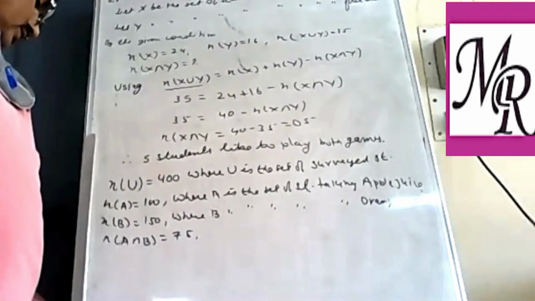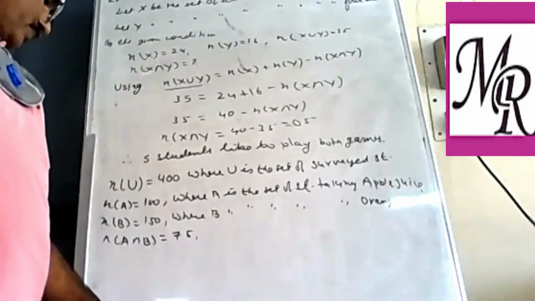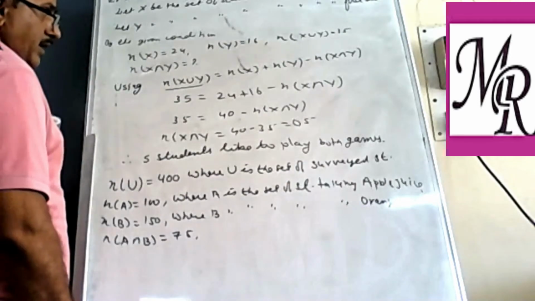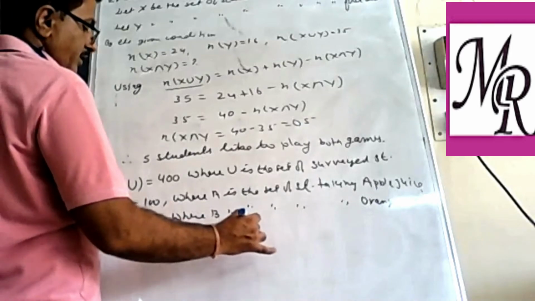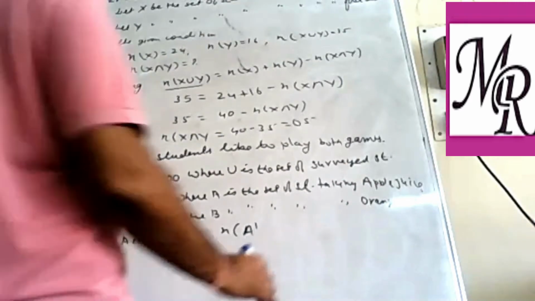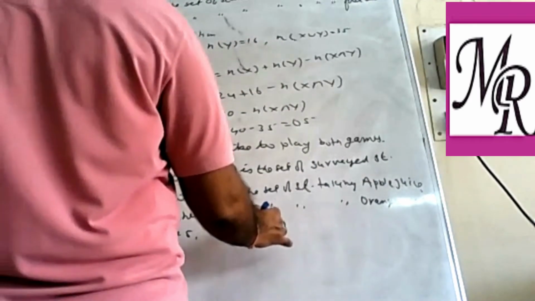Now the question says you have to find neither apple juice nor orange juice. So how can we write it in the language of sets? A complement means not apple. B complement means not orange. So neither means intersection.